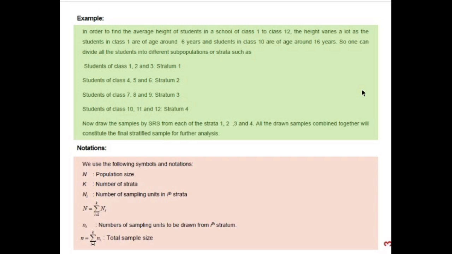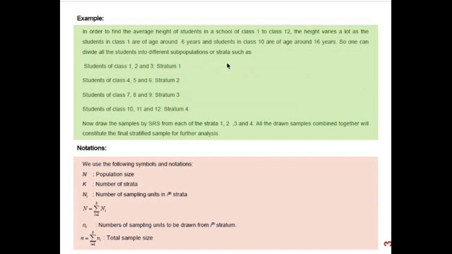So one can divide all the students into different subpopulations or strata, such as students of class 1 to 3 as one stratum.